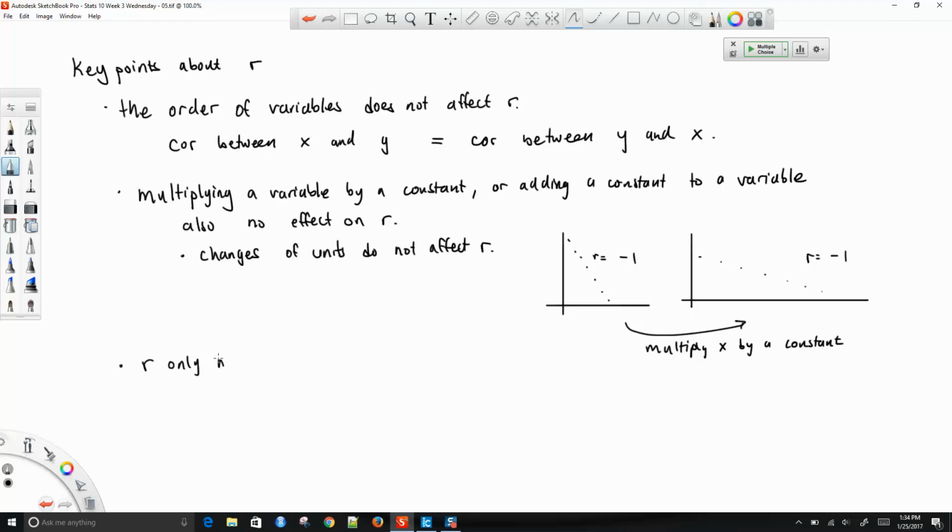R only makes sense for linear relationships between two numeric variables.